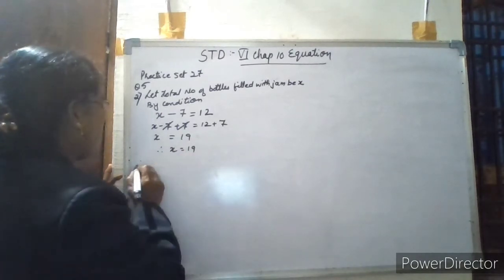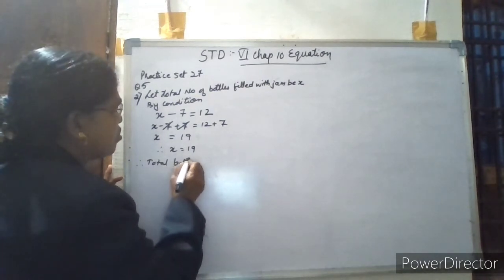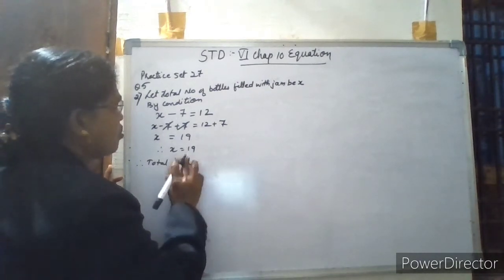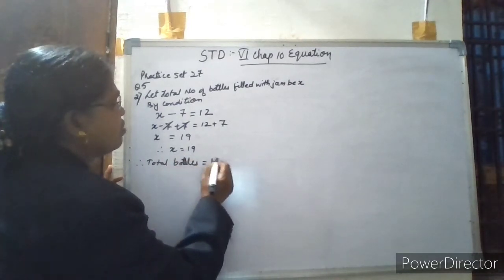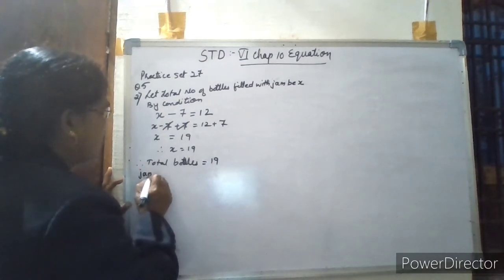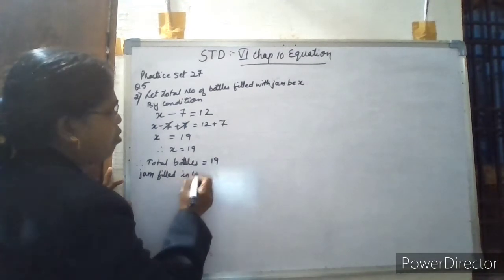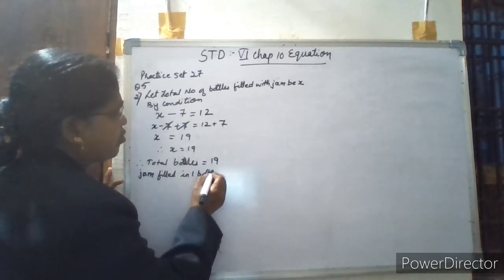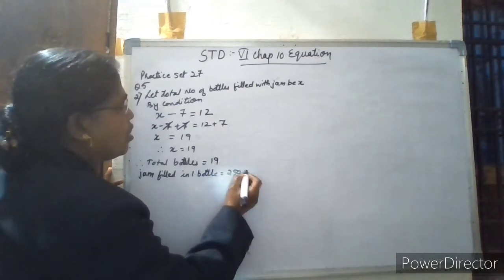Therefore, total bottles is equal to 19. Now, jam filled in one bottle is equal to 250 grams.